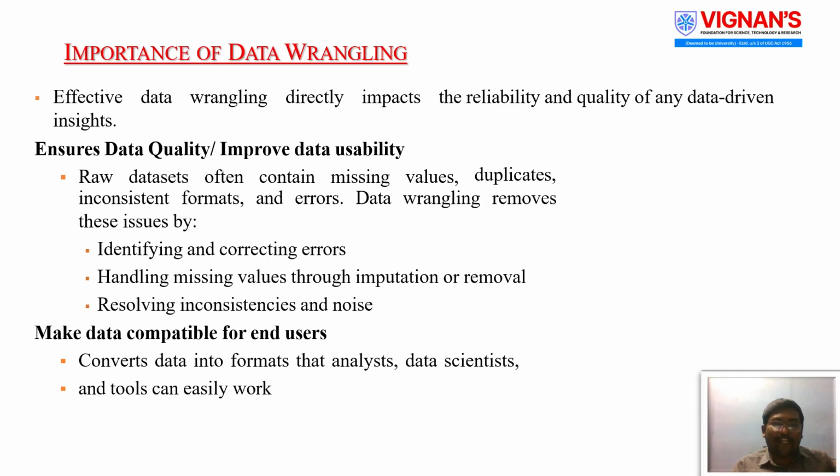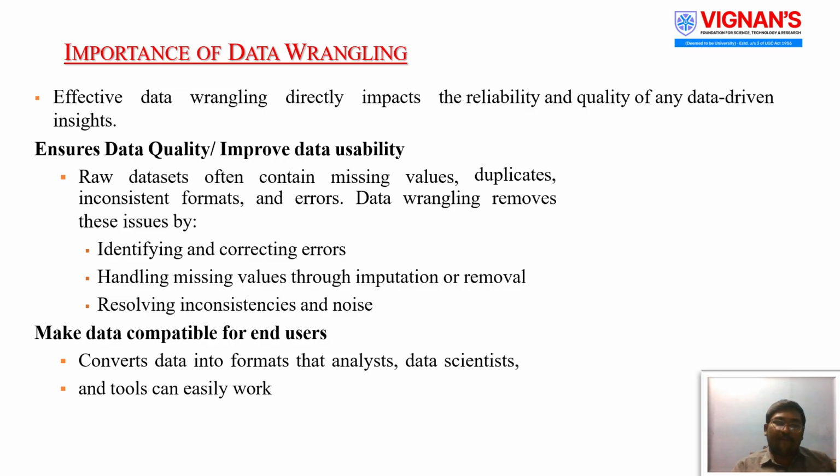Effective data wrangling directly impacts the reliability and quality of data-driven insights. One of the primary goals of data wrangling is to ensure data quality and improve data usability. Raw data sets often contain missing values, duplicate records, inconsistent formats, and various types of errors also.